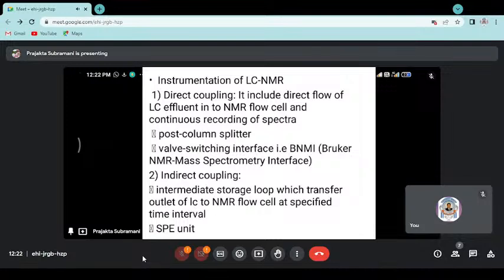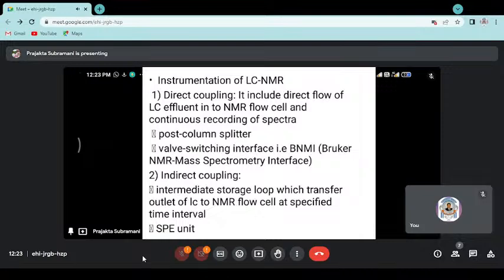So specific hydrophobic organic functional moieties interact with that sorbent, and then they are separated, or they are connected to an interface for the separation. So this is about the LCNMR hyphenated techniques.